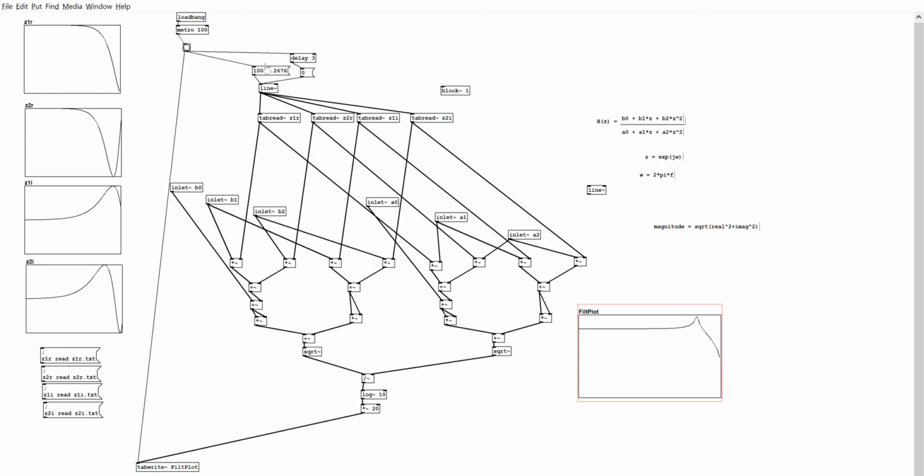So it's going from 0 to 100, and it's doing so in 2.676 milliseconds. And actually, I believe this should be 99 because it starts at index 0.